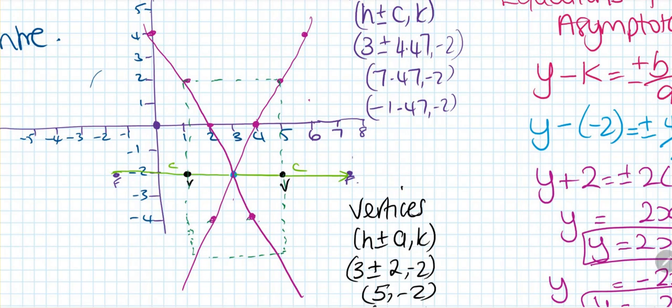So from the center, 1, 2, 3, 4, that's about right. Then we have a distance across. Here are our asymptotes, and we've got a vertex here, so we know the hyperbola is going to do something like this.